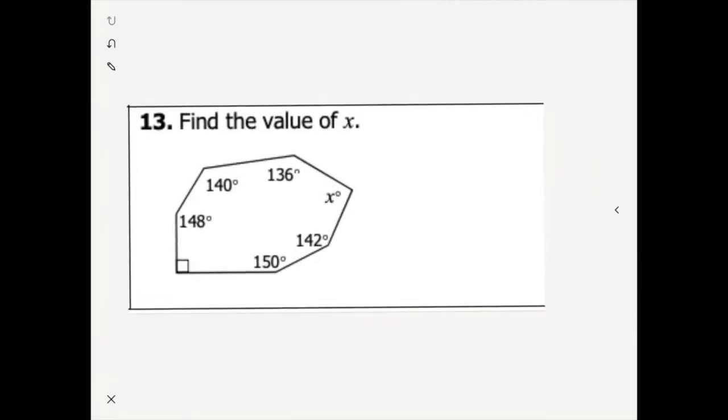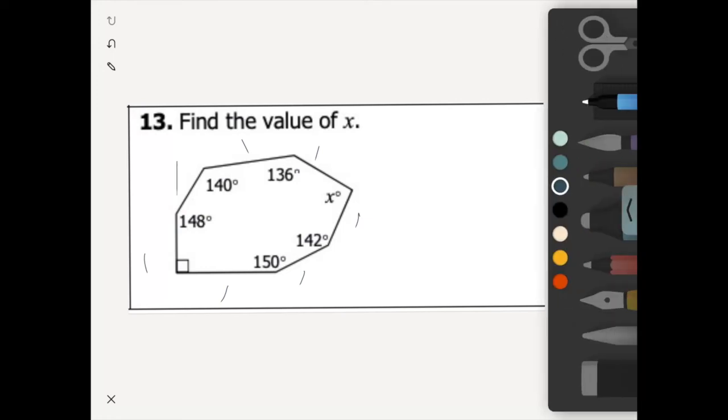This next one is a 1, 2, 3, 4, 5, 6, 7-sided figure, and we know a 7-sided figure adds up to 900.